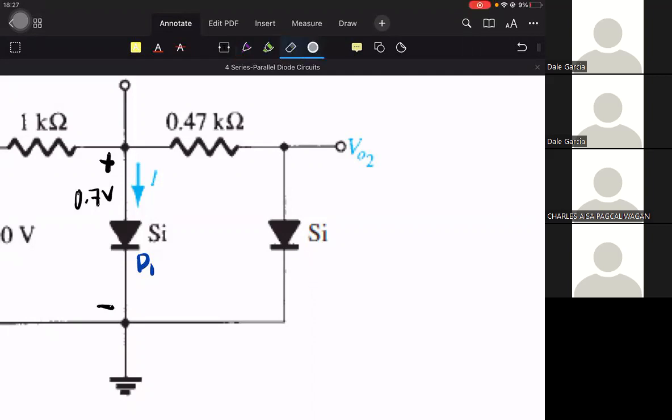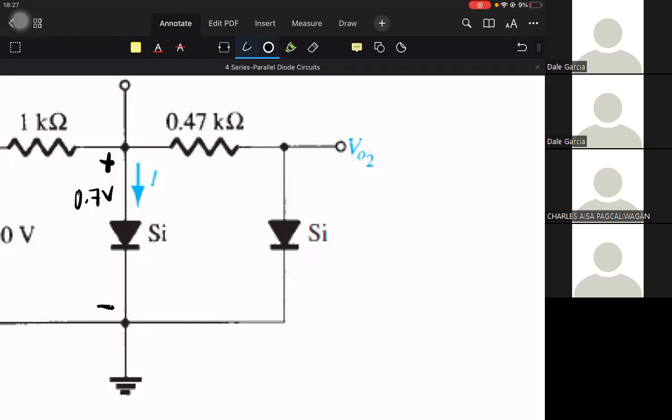So silicon diode 2 will be off because the 0.7 voltage drop from diode 1 will not be enough. The 0.47K resistor will still take some of that voltage, so the 0.7 is not enough to turn on silicon diode 2.